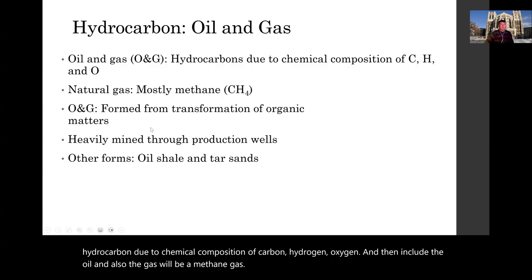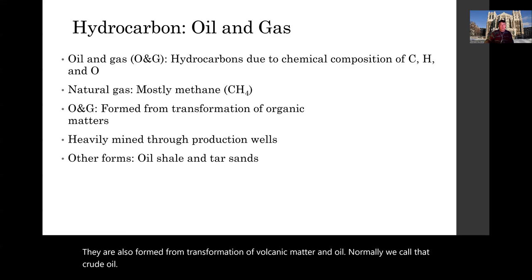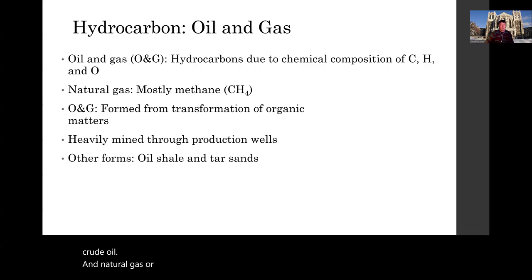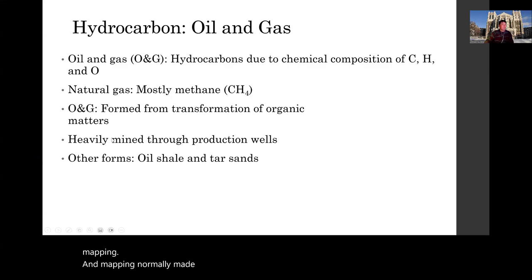They are also formed from the transformation of organic matter. Oil we normally call crude oil, and natural gas is a hydrocarbon made of carbon and hydrogen. Natural gas is mostly methane, and methane normally makes up about 80% of the gas present at a location.